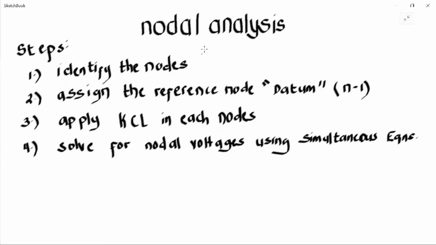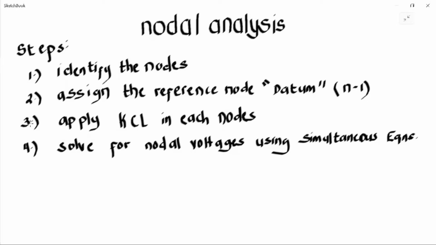In using the nodal analysis method in solving circuits, there are 4 steps to take. First step is to identify the nodes. Next step is to assign the reference node or the datum, which is actually n-1, because the nodal voltages that will be used in solving the circuit will only be the number of nodes subtracted by one, since one node will be used as a datum or a reference node.